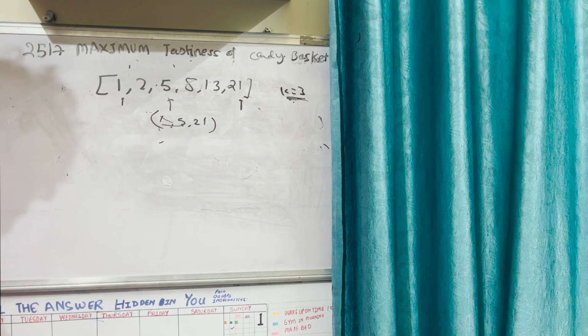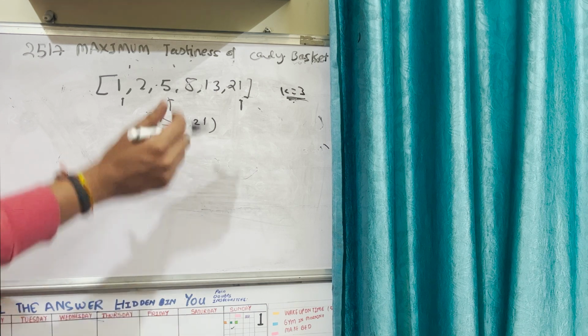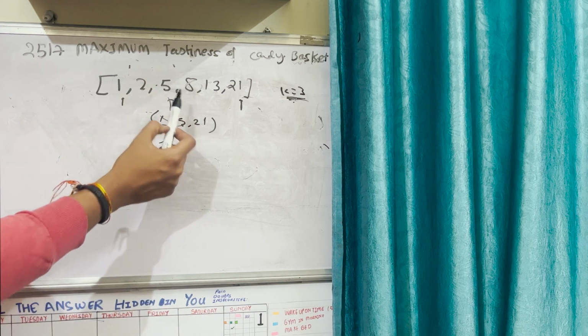Or the other way you can think of it is very simple. So yeah, I can say this is the way you are thinking: you sorted the array, then you have to maximize the value.